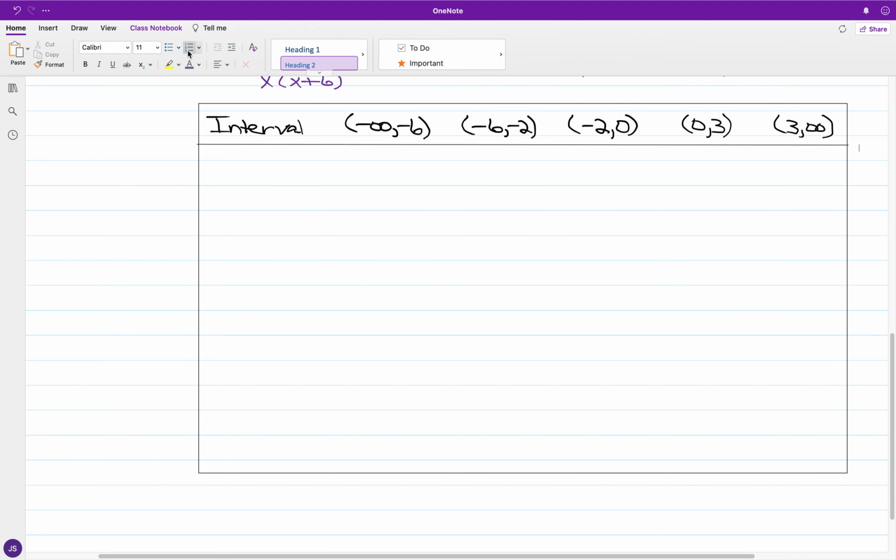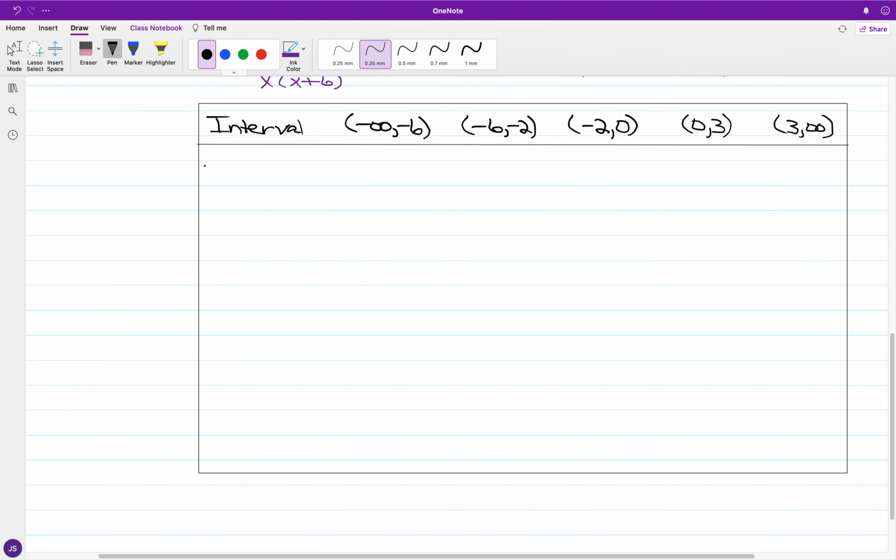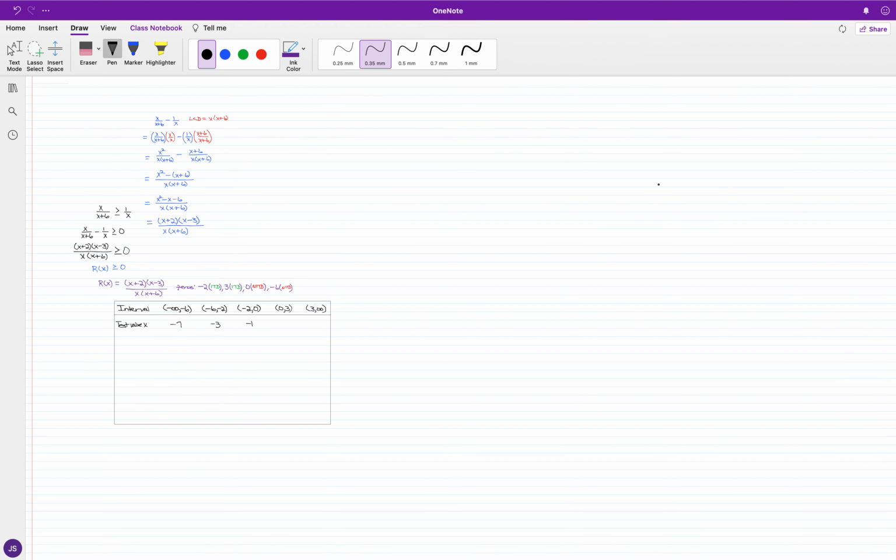And for the test value inputs, anything less than negative 6, we can go with negative 7. Between negative 6 and negative 2, negative 3 is a possible choice. If I stick to integers, only negative 1 exists between negative 2 and 0, and between 0 and 3, I can select 1. Anything greater than 3, I can go with the number 4.